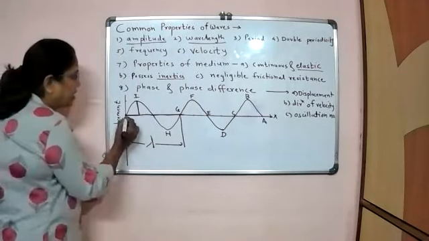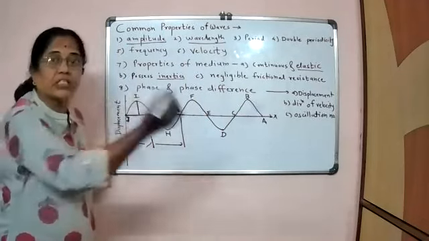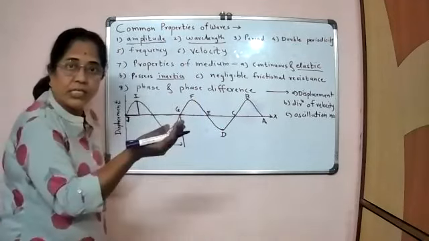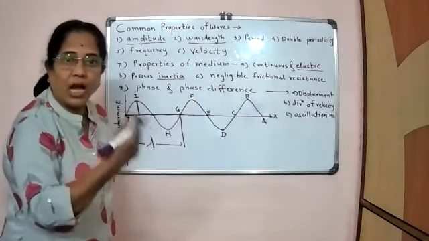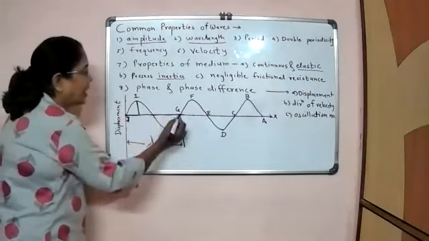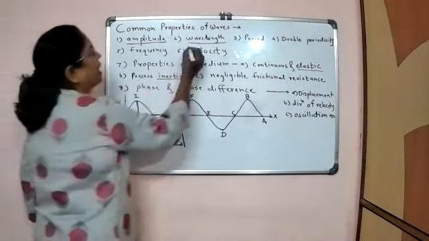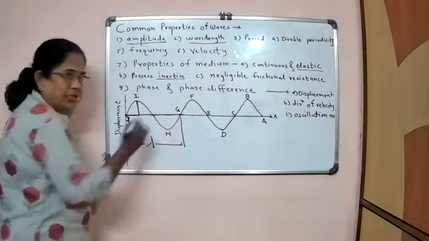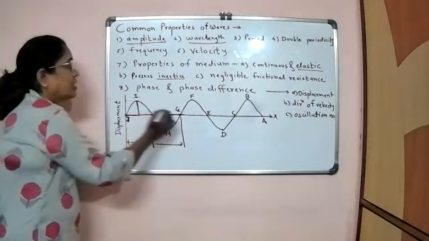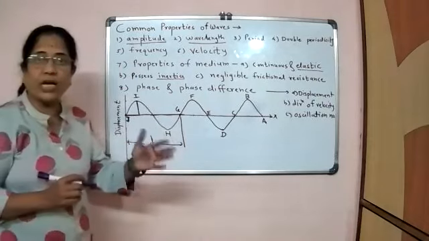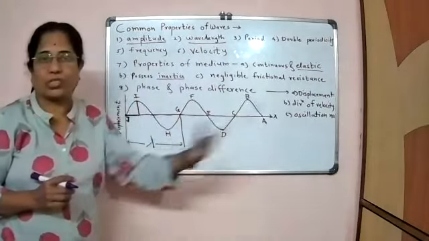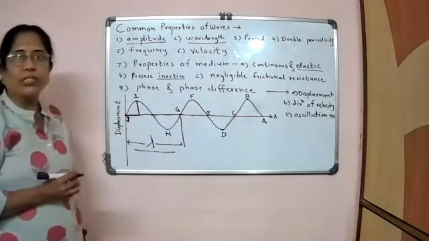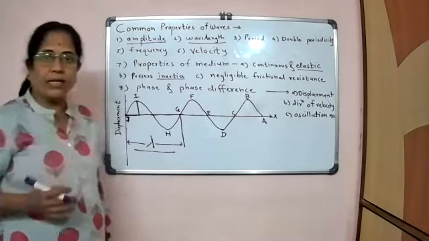So the distance between two successive particles which are in the same state of oscillation, this is how we define wavelength, lambda.